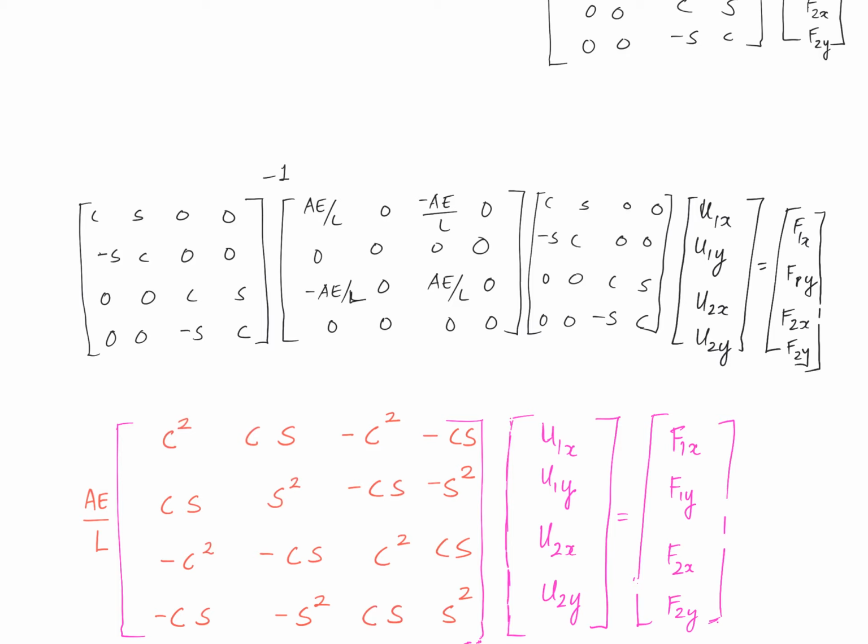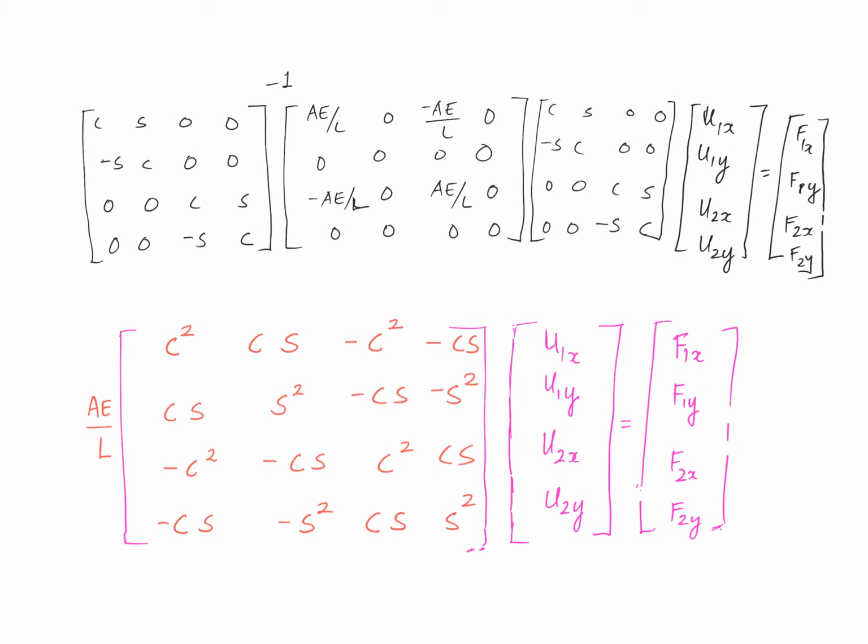It's a lengthy mathematical operation, but you can do it using any symbolic computation software, maybe MATLAB. Once you solve that, here is your stiffness matrix of the bar element in the global coordinate system. See, this is in the global coordinate system. This is no longer in the local coordinate system, which was aligned along the direction of the bar element.